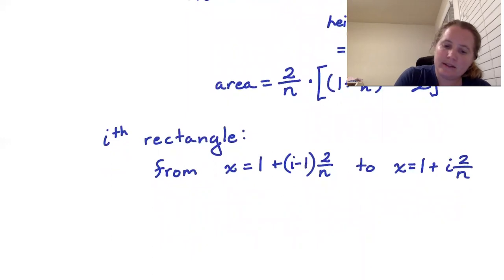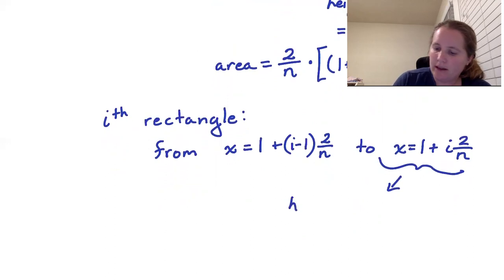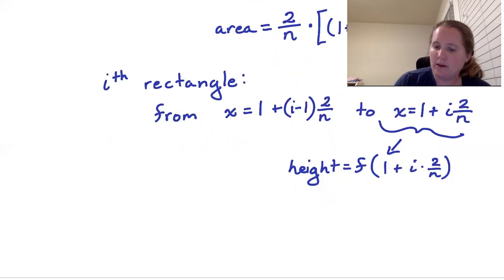Since we want the right side, our height will be based off of this x equals 1 plus I times 2 over n. So the height will be f of 1 plus I times 2 over n, or this 1 plus, I'm going to reverse this and write it as 2 over n I squared minus 2.